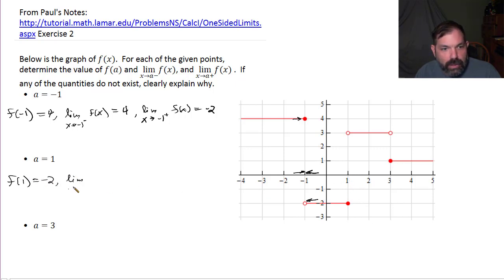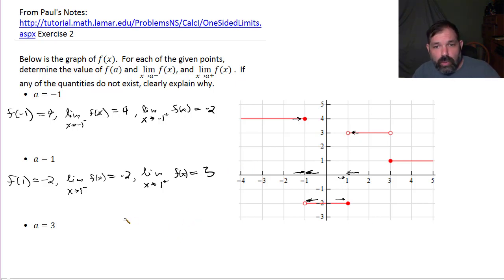The limit as x approaches 1 from the left of the function, the output would be approaching negative 2. Limit with x approaching 1 from the right of the function. As I approach 1 from the right, the output is approaching 3.